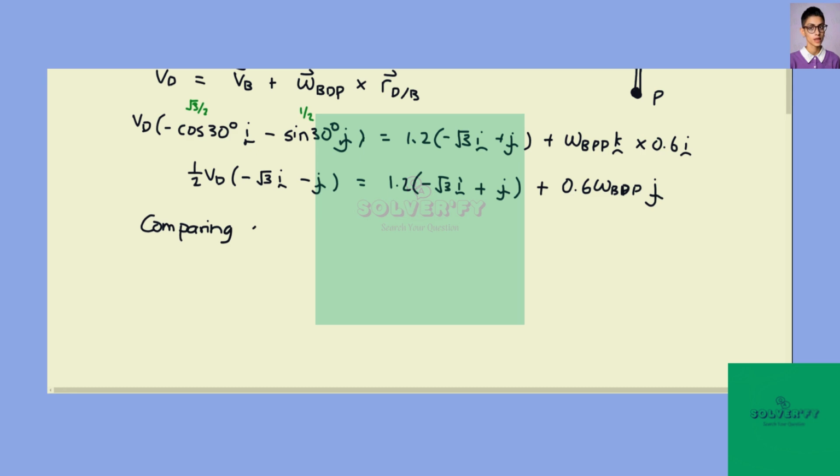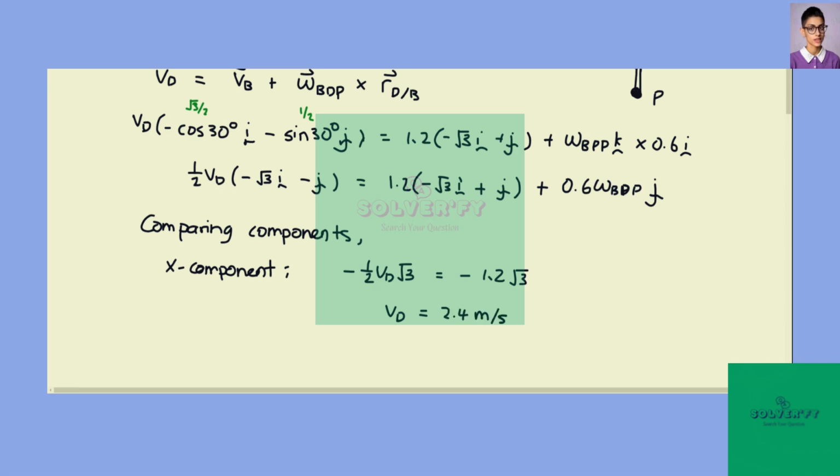Comparing components. For the x component, this is minus half VD root 3 equals minus 1.2 root 3. This means that VD is 2.4 meters per second.